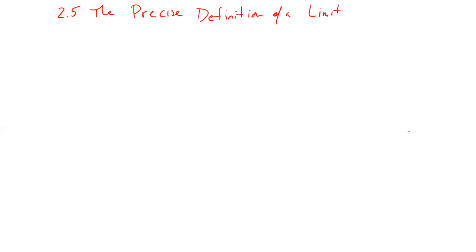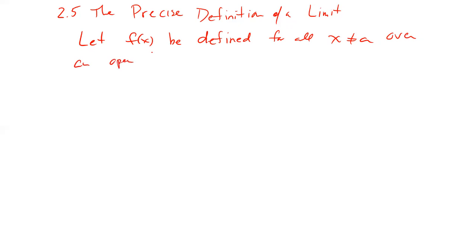So first things first, the definition here. Let f of x be a function. First of all, it has to be defined. Oh, and let me actually spell correctly here. It is defined for all x, as long as it's not equal to a, over an open interval containing a.